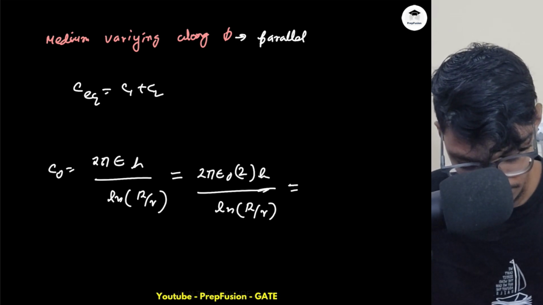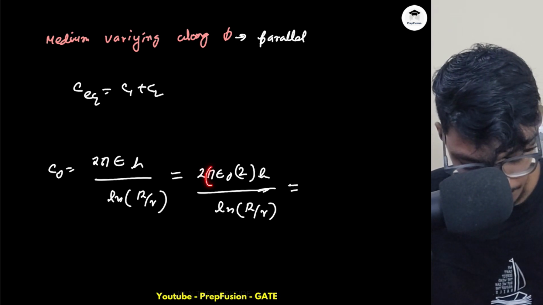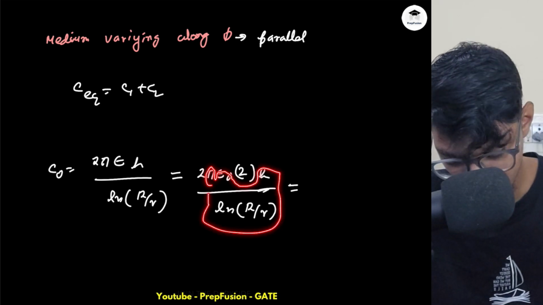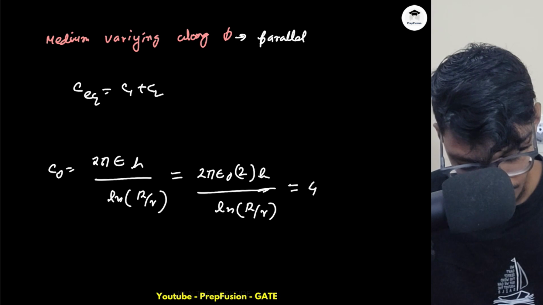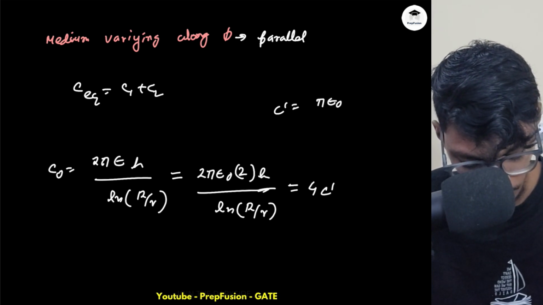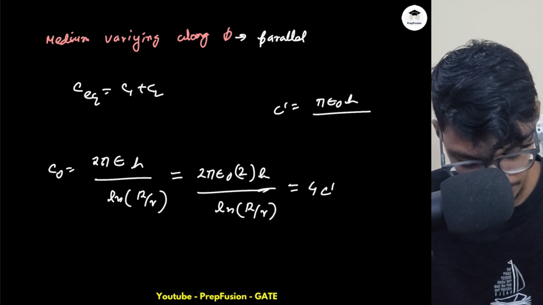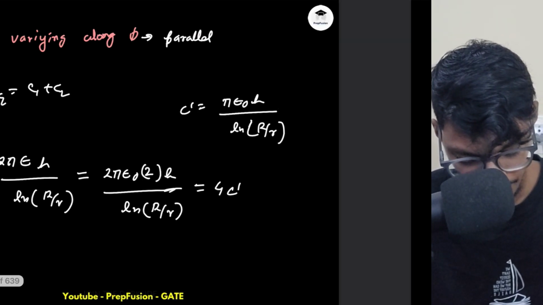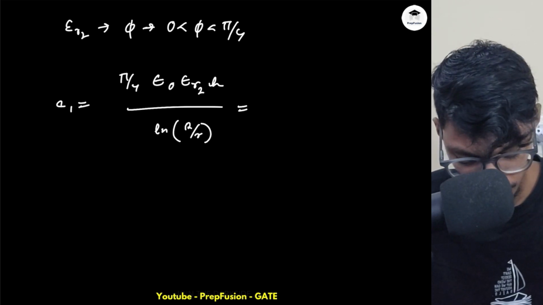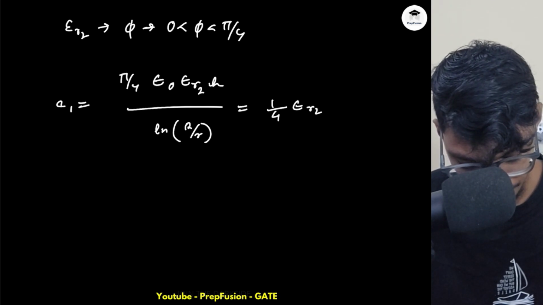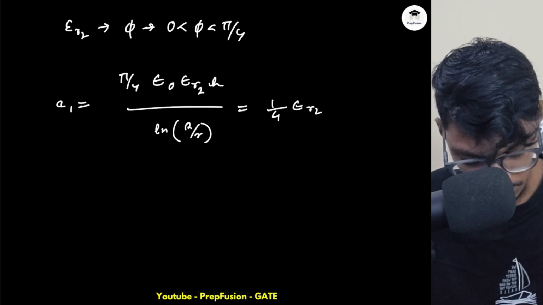So pi epsilon naught H divided by ln capital R by r, let's name this C dash. So this will be 1/4 C dash, where C dash is all the constant terms, which will never change: pi epsilon naught H divided by ln capital R by r. Epsilon R2 they haven't told me about, and this is the only varying term, right? So this will be C dash.